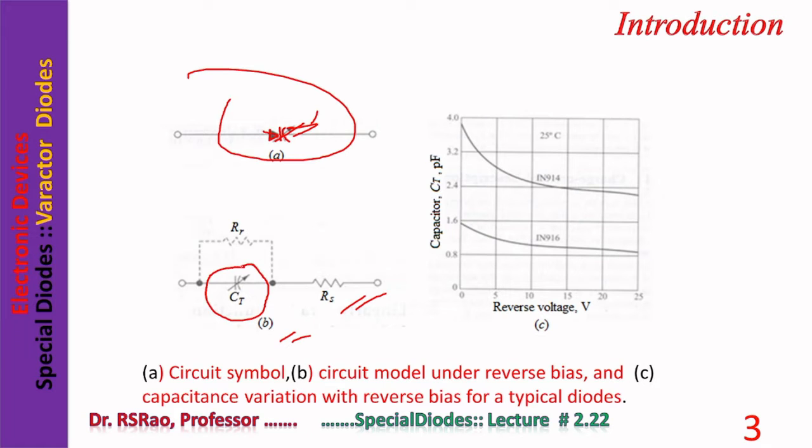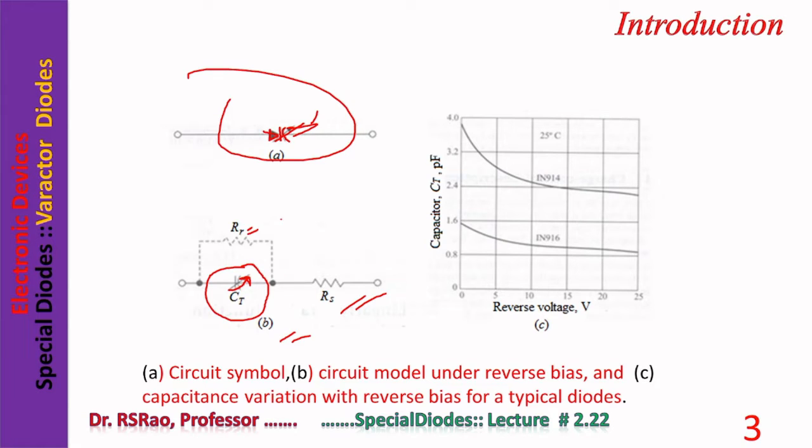CT is the capacitance provided by the diode under reverse biased condition. It is a variable, that is why this arrow indicates the variable nature of the capacitance. RR is the diode resistance under reverse biased condition. It is supposed to be infinity, but in nature infinity is not achievable.